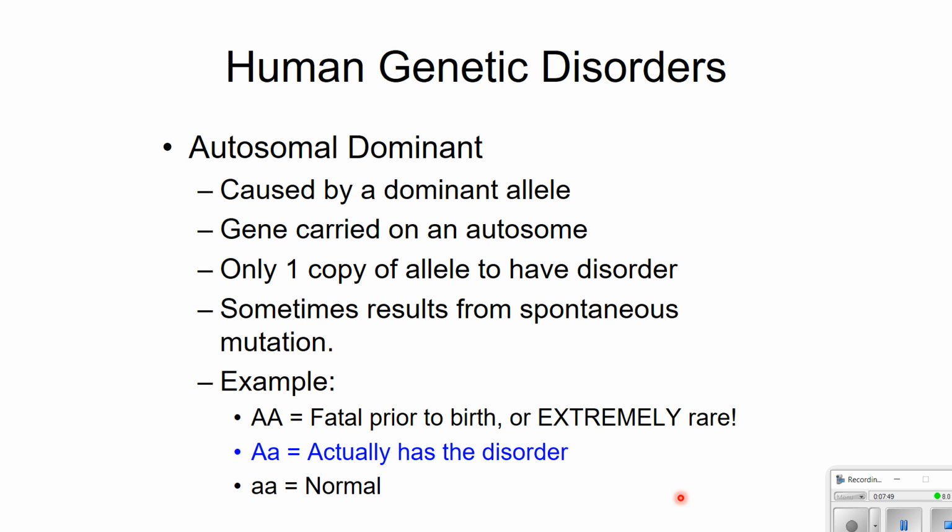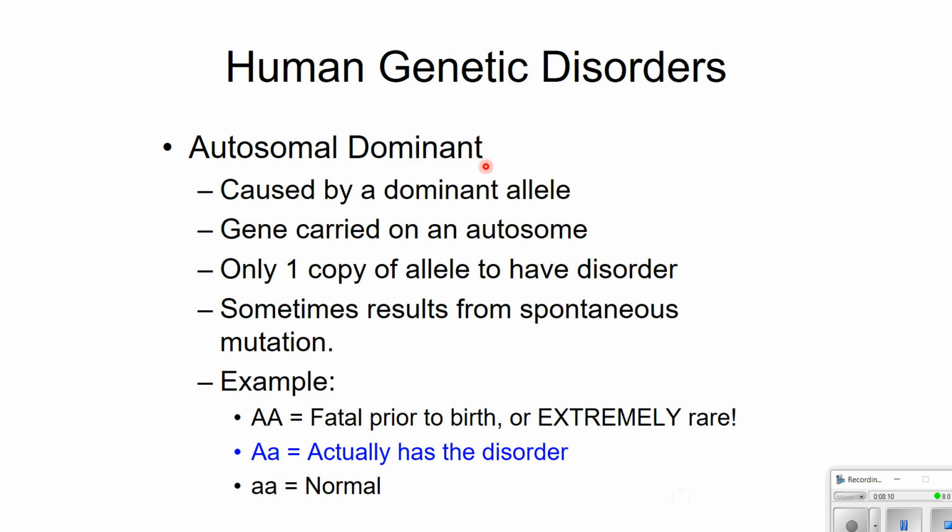Another thing that's worth mentioning, or I should say re-mentioning, because I've talked about this before in an earlier lesson, just because an allele is dominant does not mean that it's common. And that's a misconception that people have.